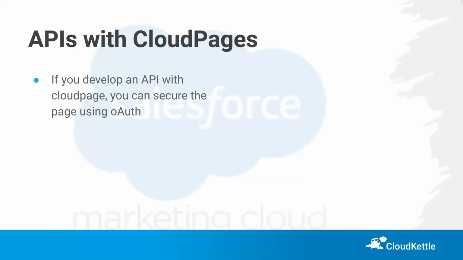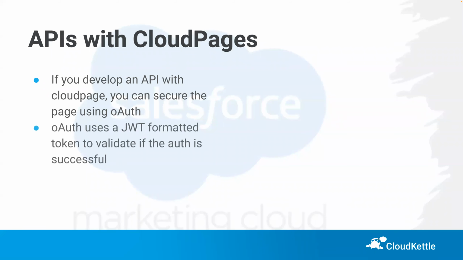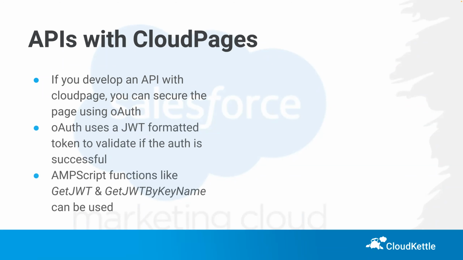Now, if you're creating APIs with your cloud pages, then you can use OAuth, and there are JWT functions. OAuth basically uses JWT, and Salesforce has recently released AMPscript functions called getJWT and getJWTByKeyName. You can use these functions to create OAuth tokens.